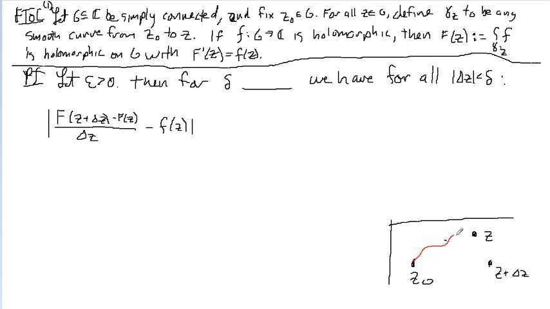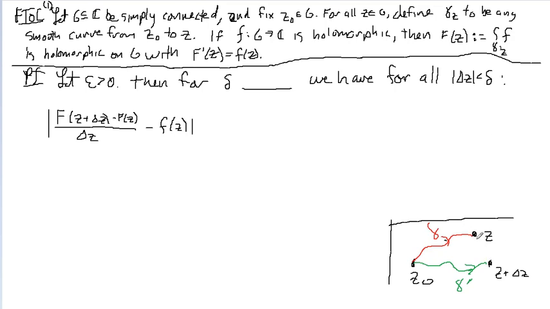Here might be, I might call this gamma, and I might call this thing gamma prime. Those are the gammas I use to compute big F. So I integrate along gamma, the red one, to figure out big F of z. I integrate over the green one, gamma prime, to figure out big F of z plus delta z, because that's how it's defined. And then I'm going to have another path, which is just going to be a straight line.